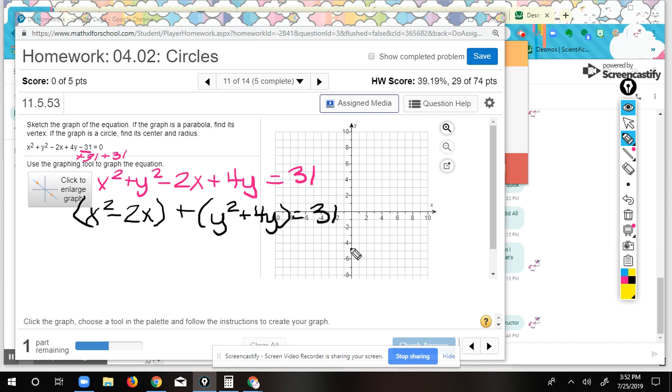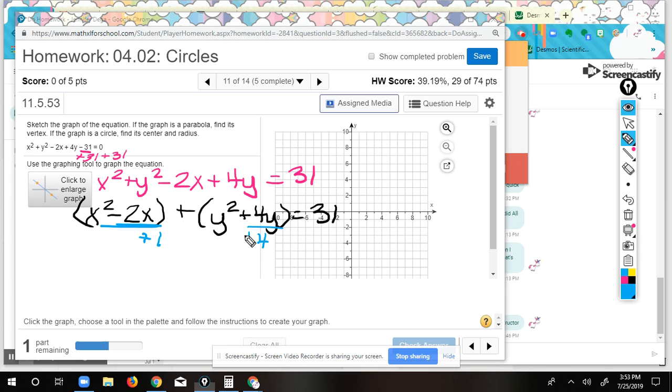So we take half of that b term and square it and add it here and then to the other side. So half of negative 2 is negative 1, and negative 1 squared is 1. So we're going to add a 1. Half of 4 is 2, and 2 squared is 4.